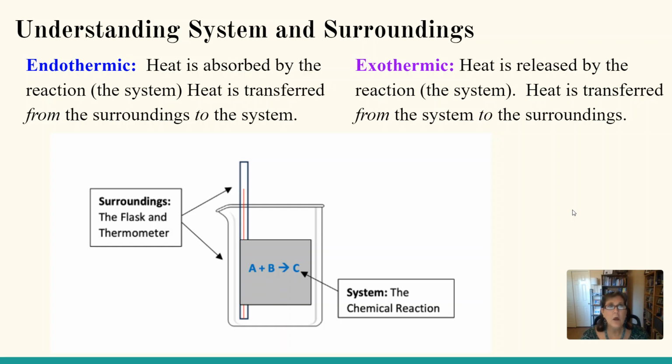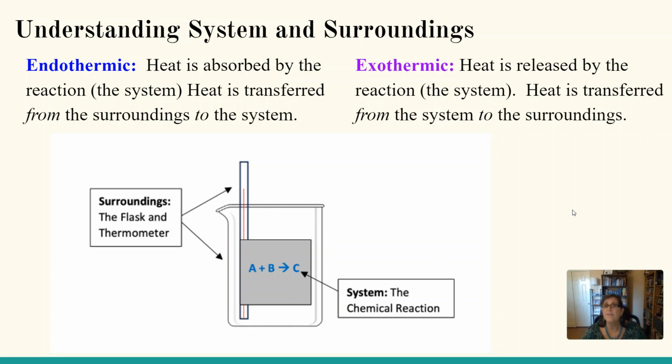So again, endothermic, heat goes into the reaction. So heat is absorbed by the reaction, which is the system, and it's transferred from the surroundings to the system. So heat is going from the surroundings into the system, which is the chemical reaction.